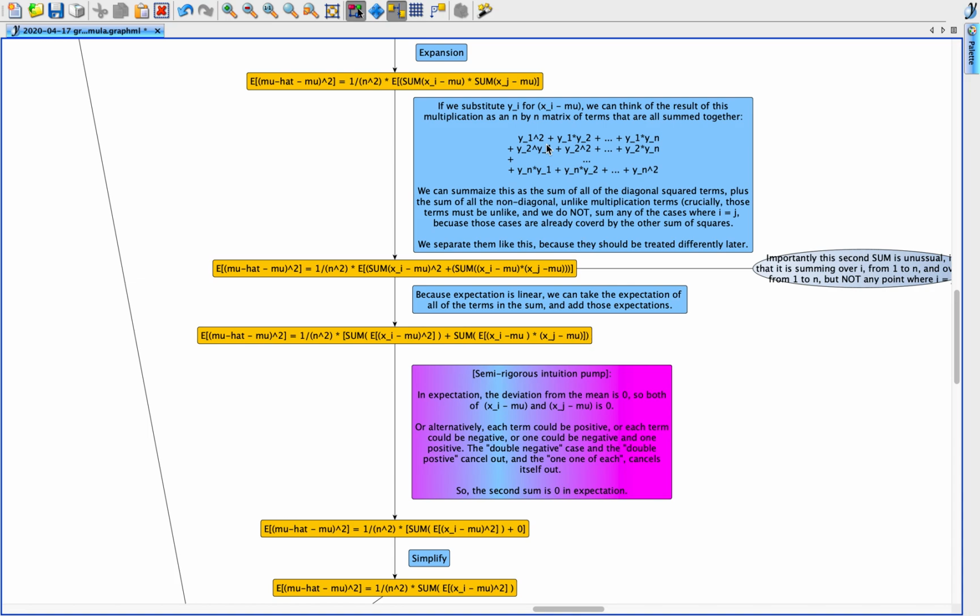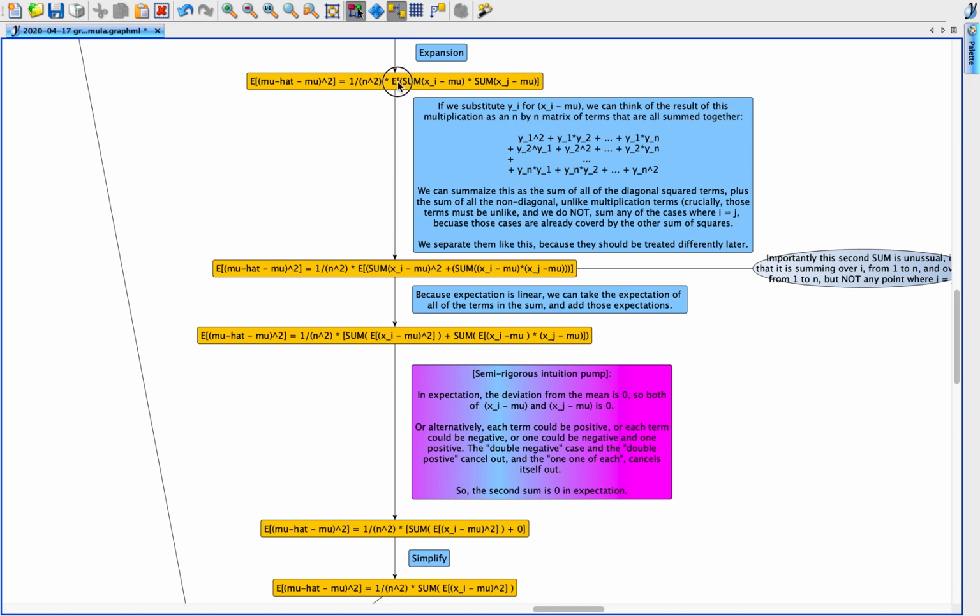So yi equals xi minus mu, which means y1 equals x1 minus mu, y2 equals x2 minus mu, all the way on until yn equals xn minus mu. We can think of the result of this multiplication as an n by n matrix of terms that are summed together.